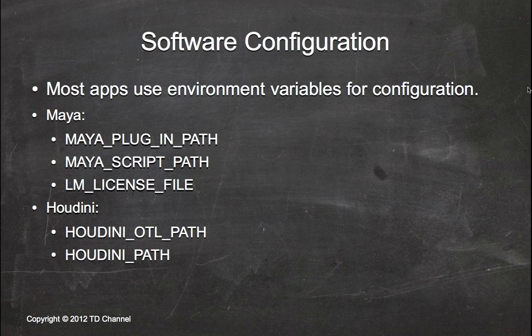One very popular one is Houdini OTL path, which is the location where you would save your operator type libraries. This is something that you will probably learn in some of the other videos. There's another one called Houdini path, which is where you can put different kinds of scripts or different kinds of initialization or configuration files for the application.